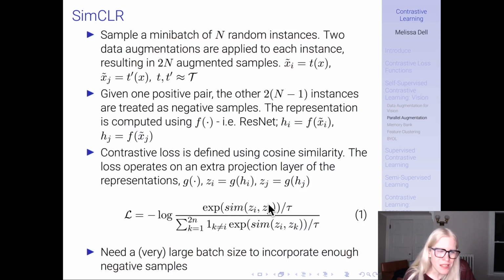And you do this by using the following loss function, which is really very intuitive. Tau is just a normalization parameter that controls how peaky the loss will be. And so you want to maximize the similarity in the numerator and do the opposite in the denominator, so that your negative samples are as dissimilar as possible.